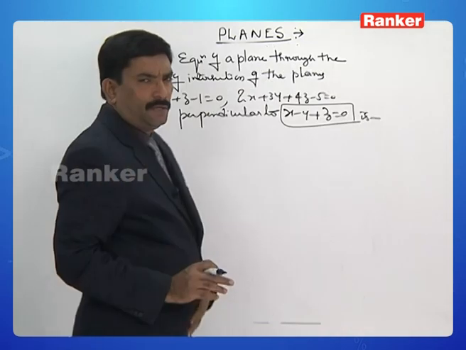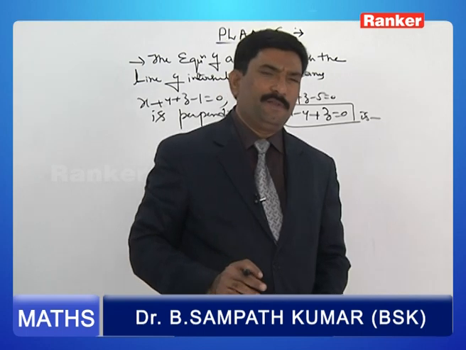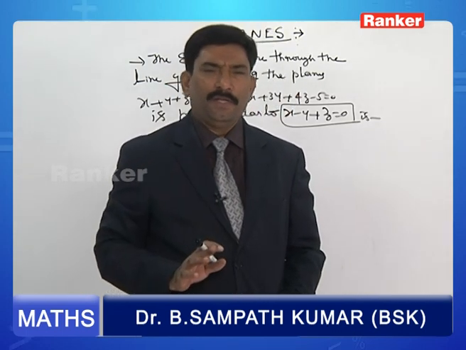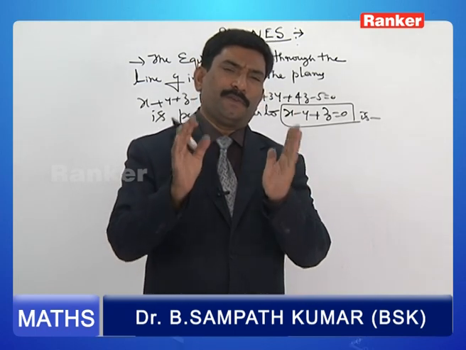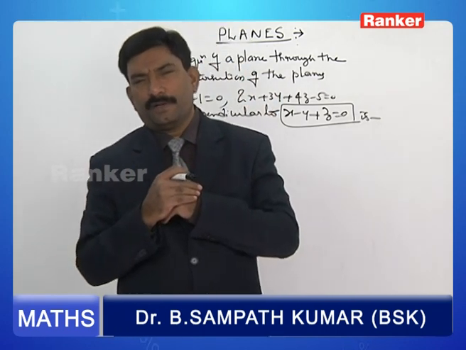Now look here. We know that the angle between the two planes is cos theta is equal to (a1 a2 plus b1 b2 plus c1 c2) by square root of (a1 square plus b1 square plus c1 square) into square root of (a2 square plus b2 square plus c2 square).